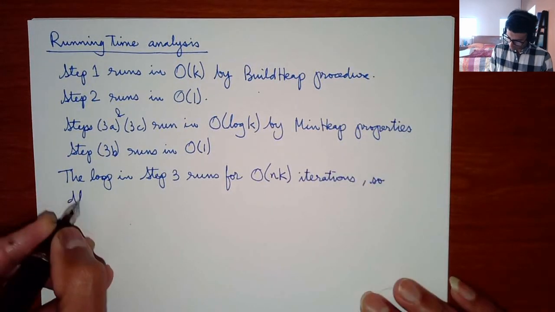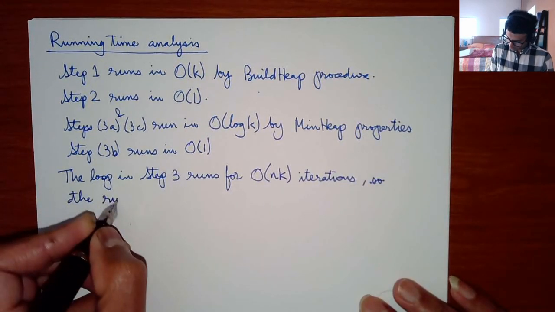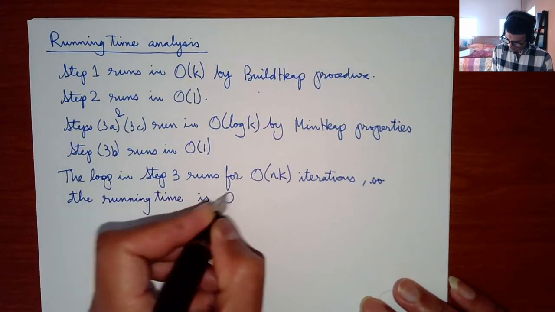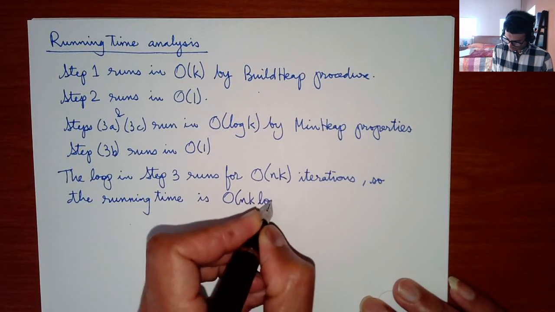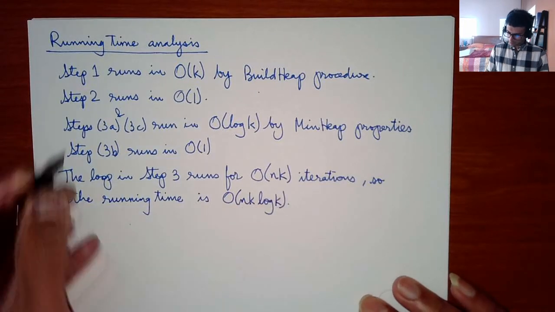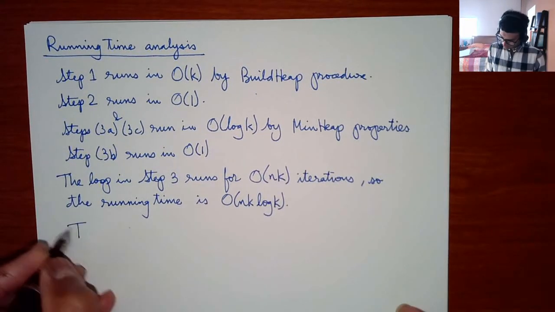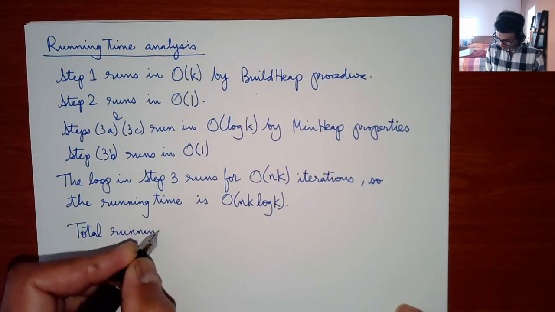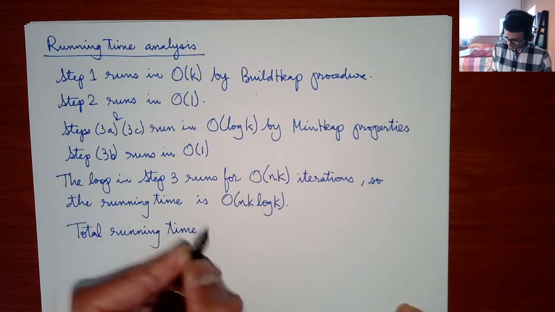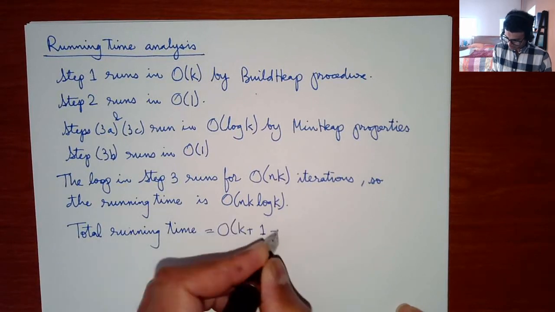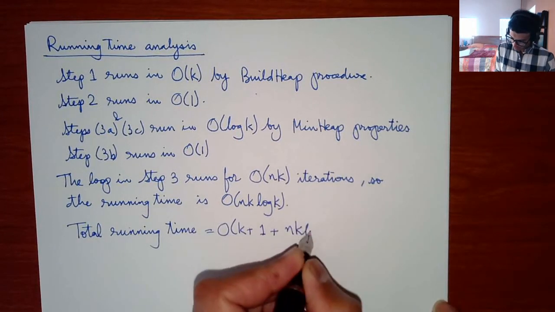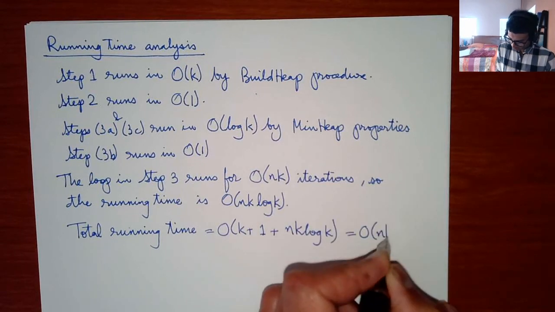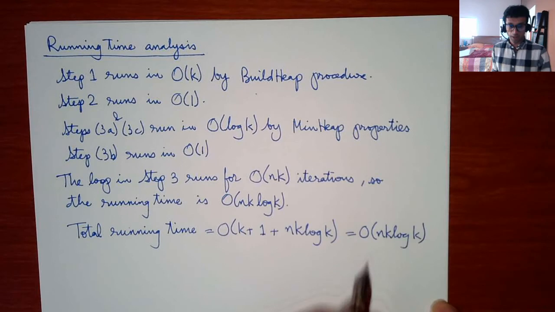So the running time is O of nk log k, right? Because 3a and 3c run for that. Total running time is equal to O of k plus 1 plus nk log k, which is O of nk log k. Good.